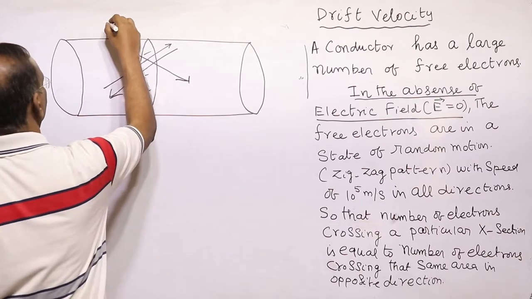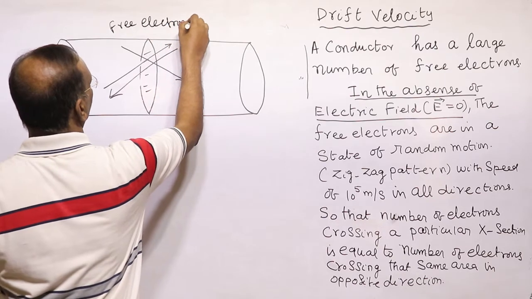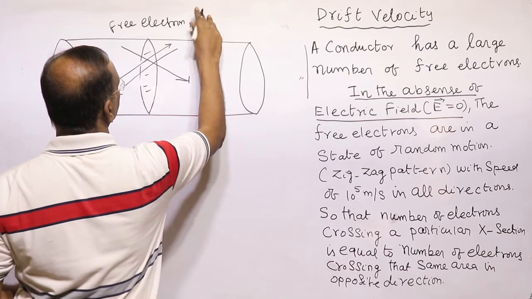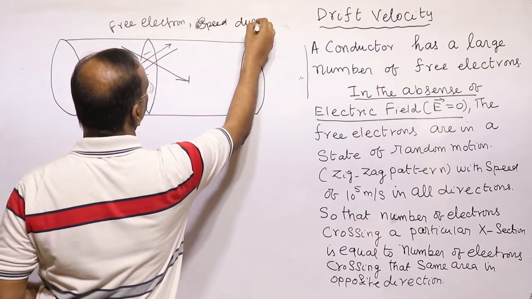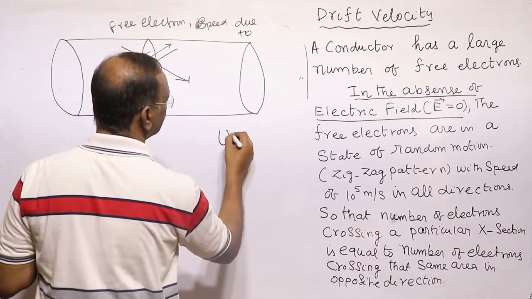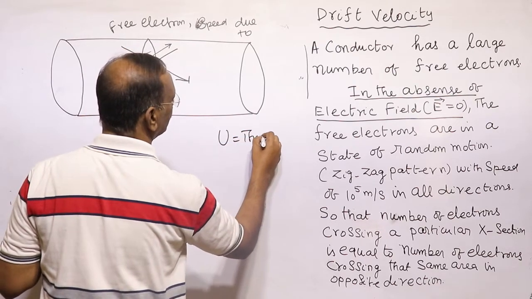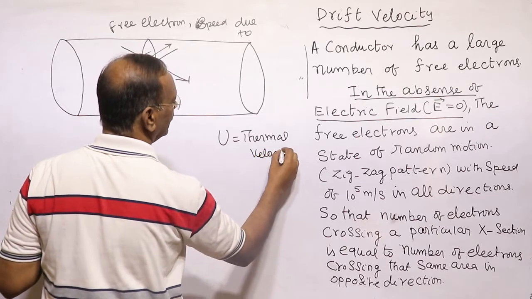That is, free electrons will move with speed. The speed is due to thermal energy, so we can call it the thermal velocity of an electron.